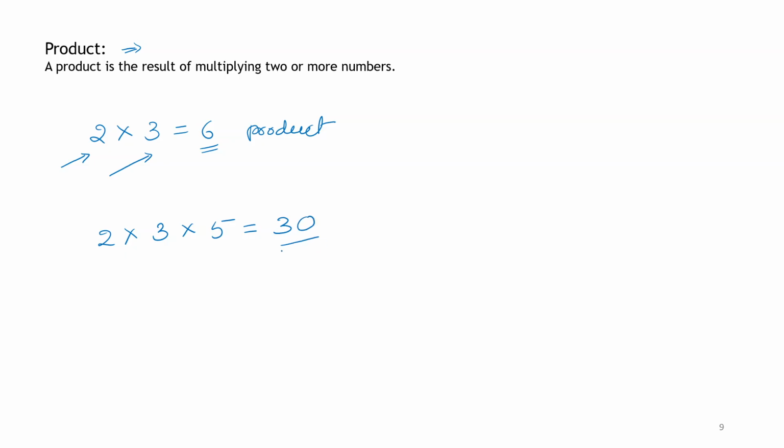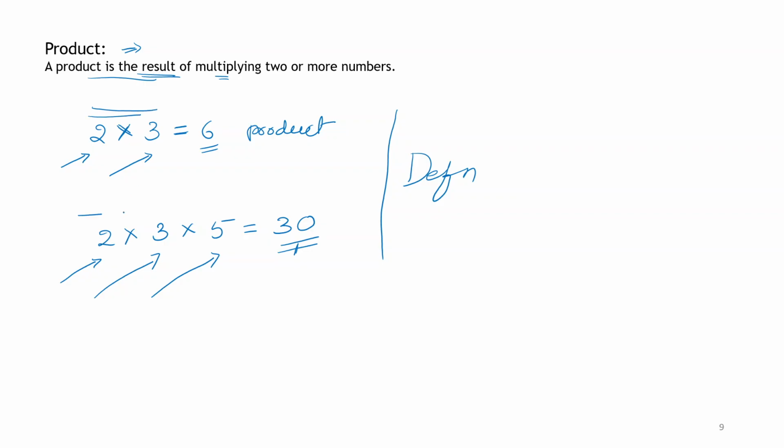Here 30 is the product. The product 30 you got by multiplying 3 numbers, 2, 3 as well as 5. So let us go to the definition of the product. It says product is the result of multiplying two or more numbers. Got it?